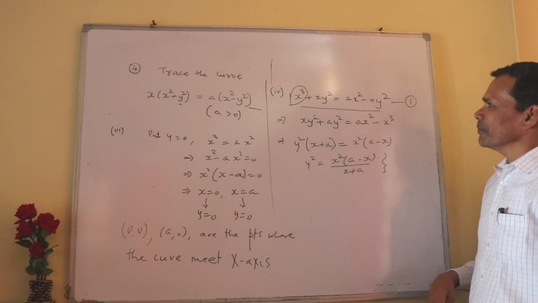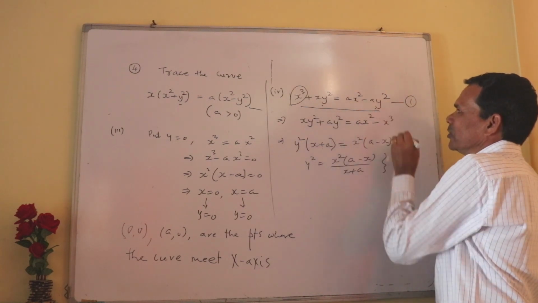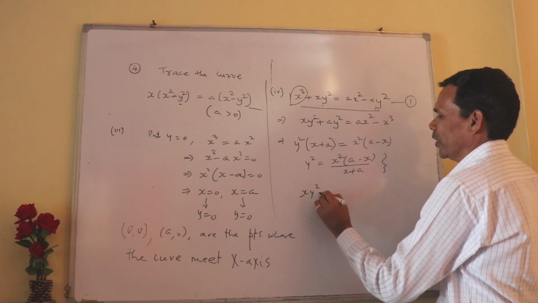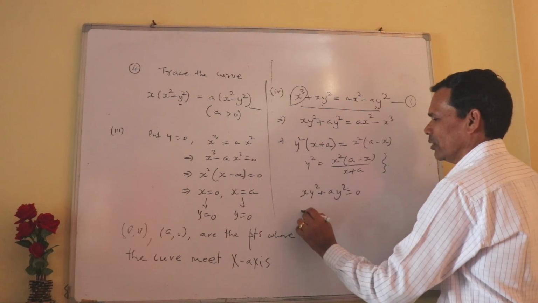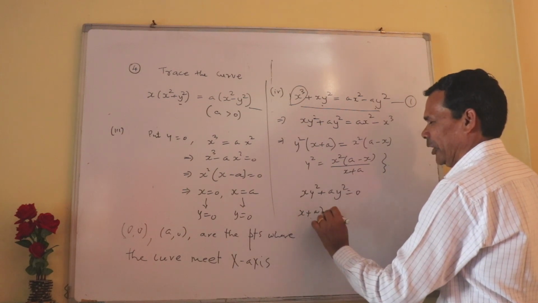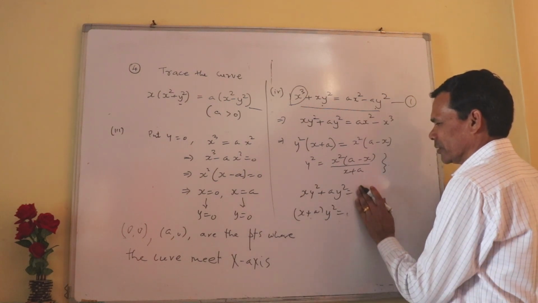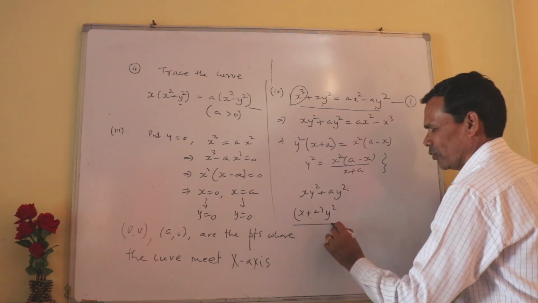Similarly for the y axis, the highest degree term in y, this term and this term I will collect. So I take into consideration xy square plus ay square to check the asymptote. So x plus a into y square. This is the coefficient of the highest degree term in y.